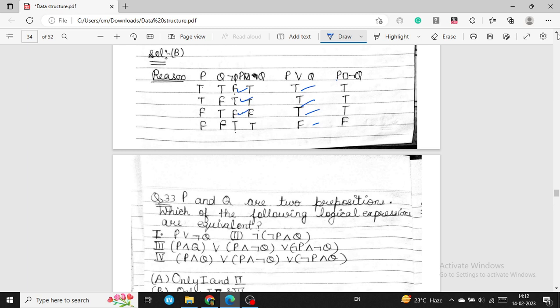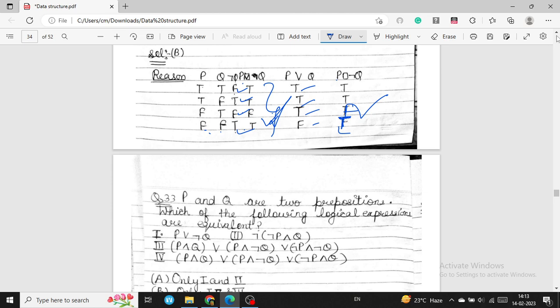Taking true and false gives true. And on the other side, P or Q, which is given in the question: false, false gives false, and then F, T, T. This statement is equal to this statement. So that's why the answer is this.